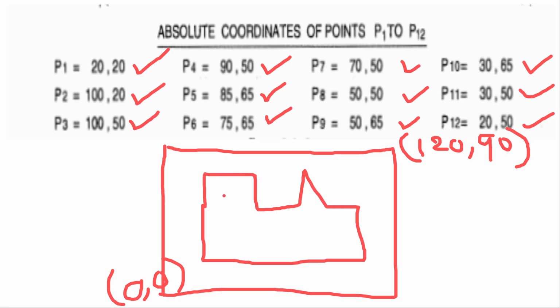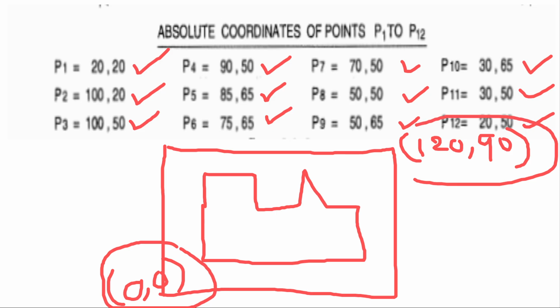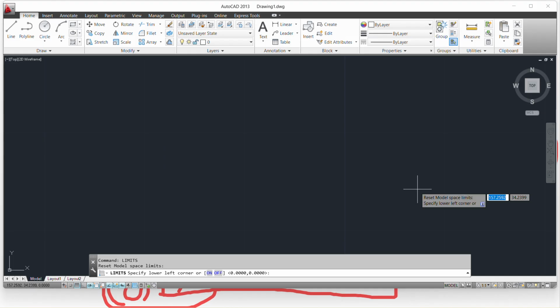For that reason, we will be taking a lower limit of 0,0 and upper limit of 120,90.